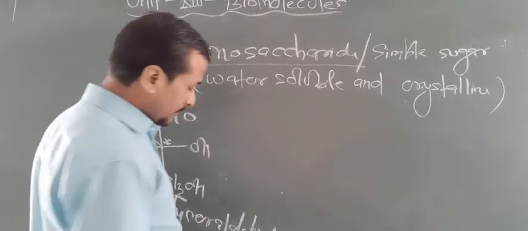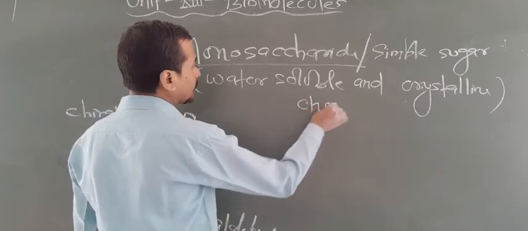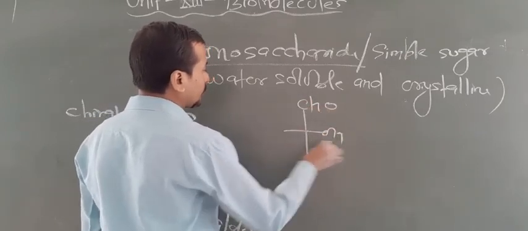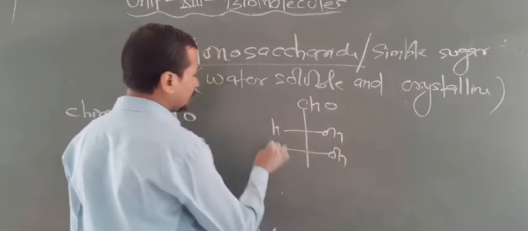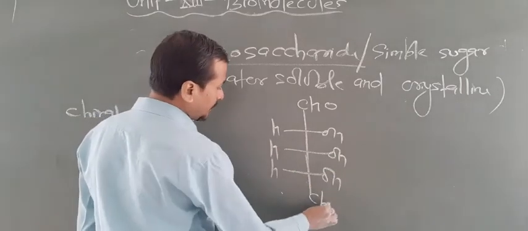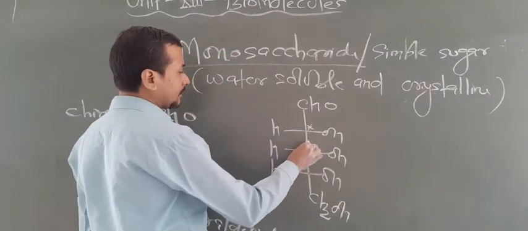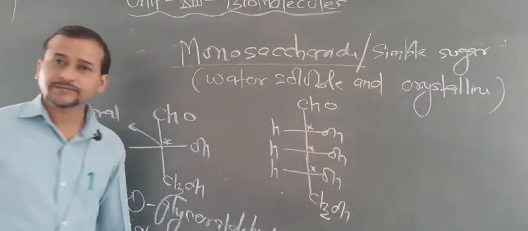Now one example, D-ribose sugar, that is the component of RNA. So CHO, OH this side, OH this side, and OH. Now this contains lastly CH2OH. So here this contains 3 chiral carbons.